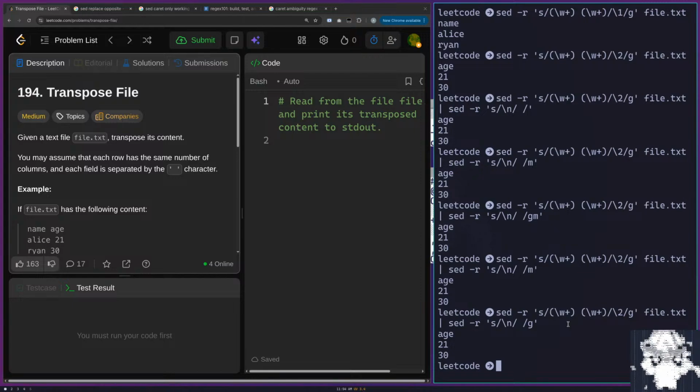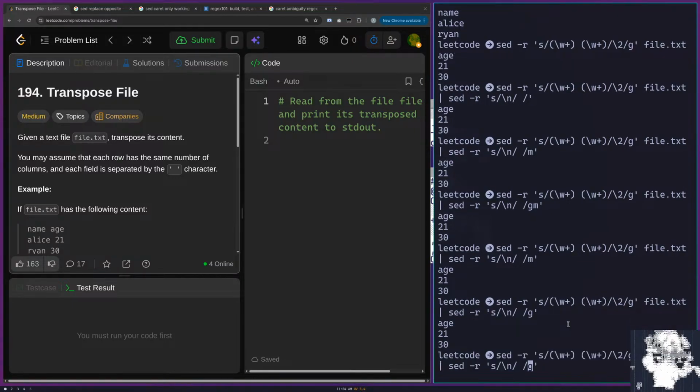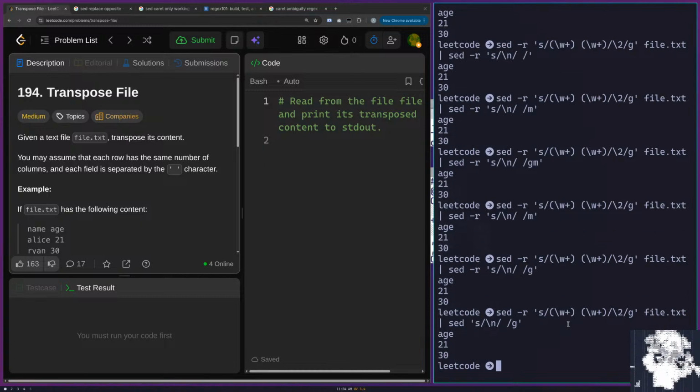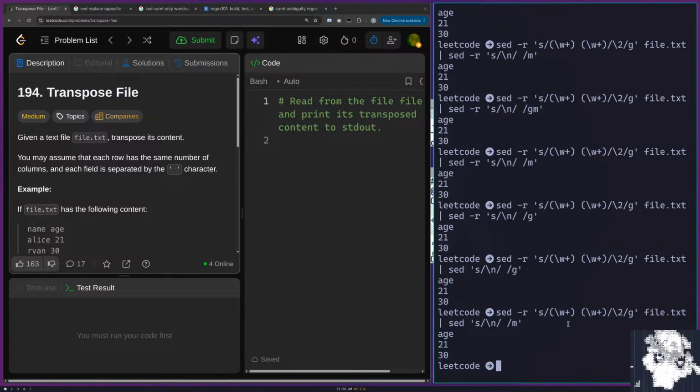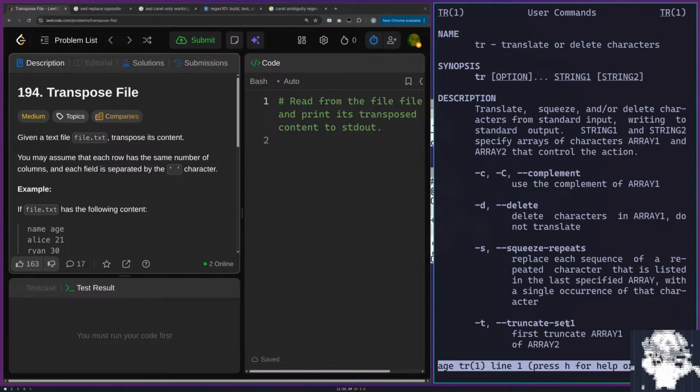I don't know why I can't replace new lines with space. Can I use tr for this?